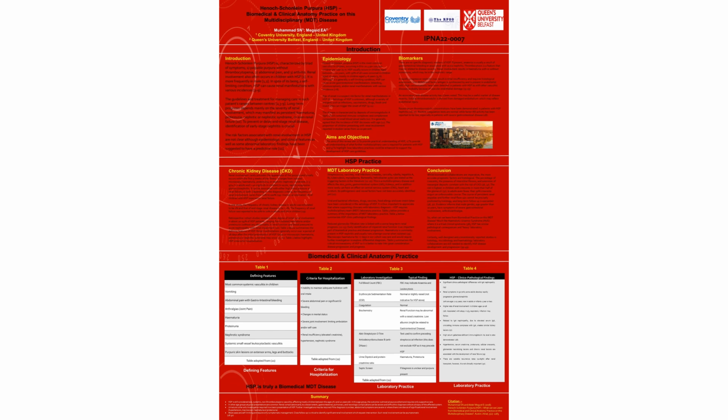Purpura, in layman's terms, is what is known as bruising, but without a high, in some contexts, platelet count or thrombocytopenia. Number two is abdominal pain, and number three is arthritis.